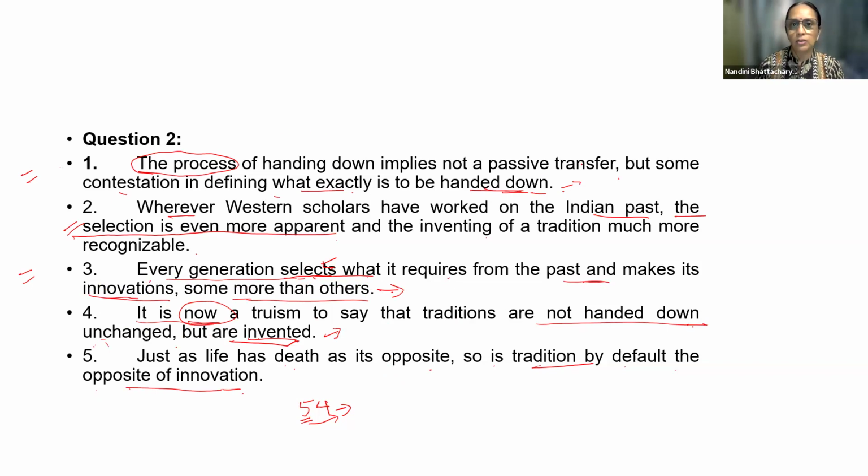The process of handing down implies not a passive transfer, but some contestation in defining what has to be handed down. So this hasn't come to selection. It is just about what has to be handed down. So I think this is better suited to come after 4. Okay.